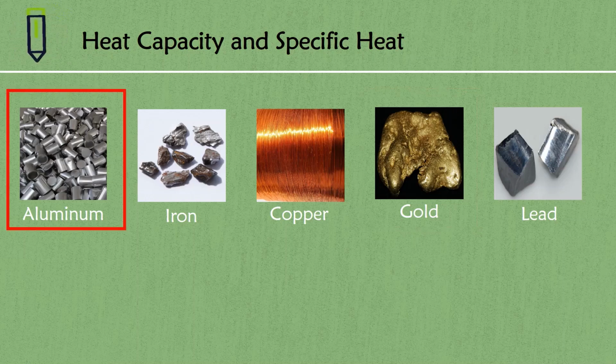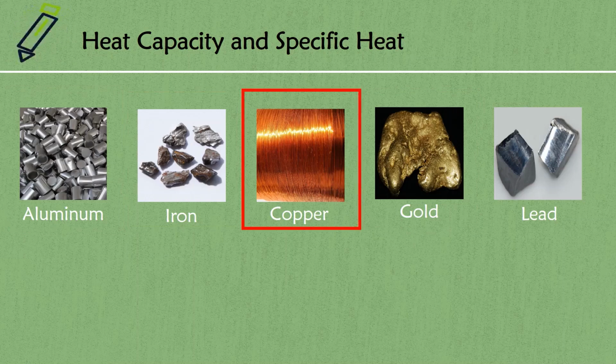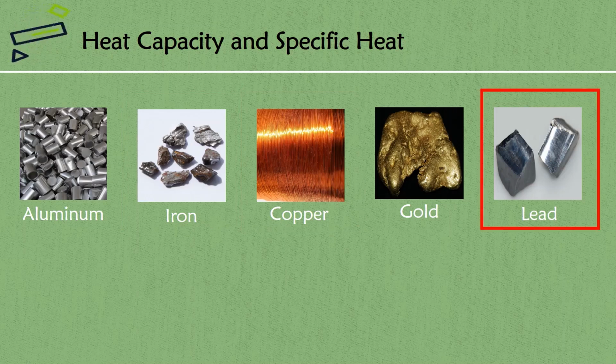Second is aluminum. Third is iron. Fourth is copper. And lead is the last. This shows us that although these metals have the same mass and initial temperature, they absorbed and gave off different amounts of heat.